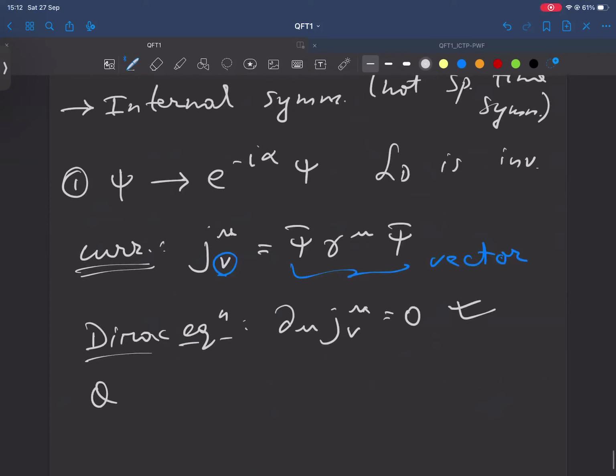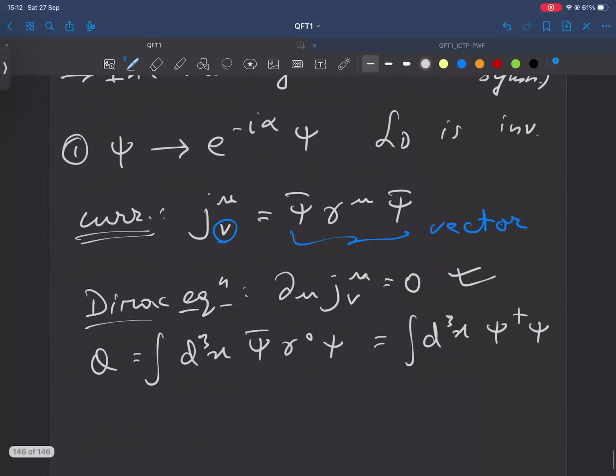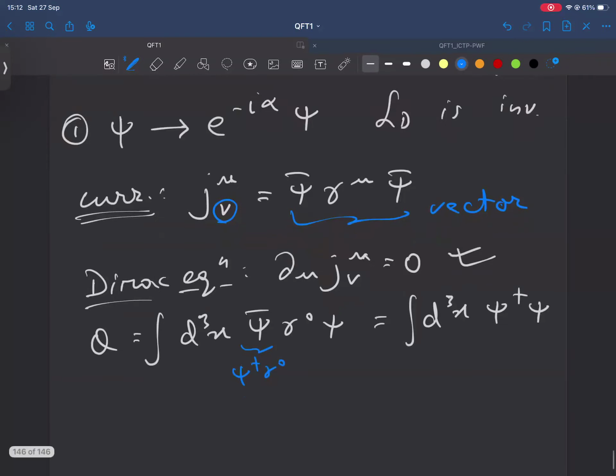And you can compute its charge, which will be T3x psi bar gamma 0 psi, which, as you know, is just T3x, the Hermitian conjugate psi, because this has a gamma 0 built into it. Okay, recall this was psi dagger gamma 0.